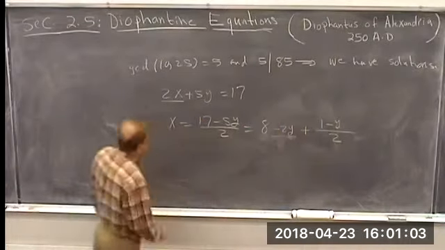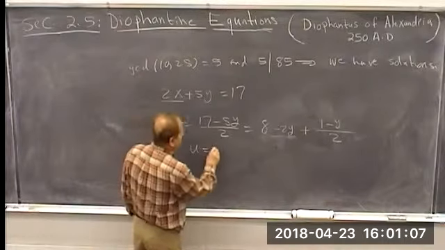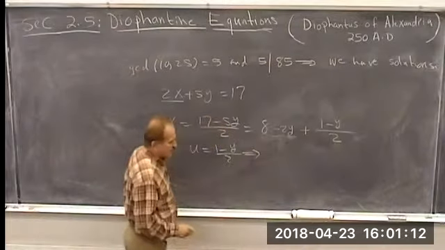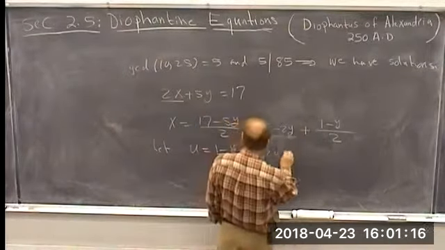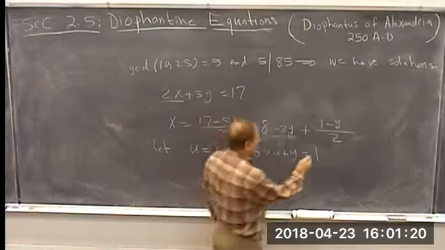Then we're going to get u, well, this is u, equal to 1 minus y over 2. Make this into a Diophantine equation, 2u plus y equals 1. Then solve for y.